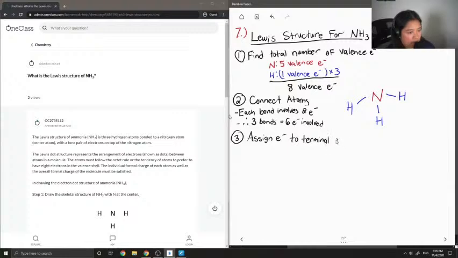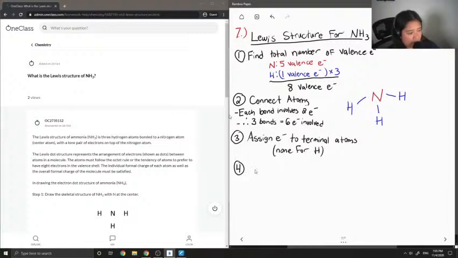So in our case, this is hydrogen, but hydrogen can only have 1 electron involved. So you'll never see hydrogen have like a lone pair or anything. I'm just going to put in brackets none for hydrogen.